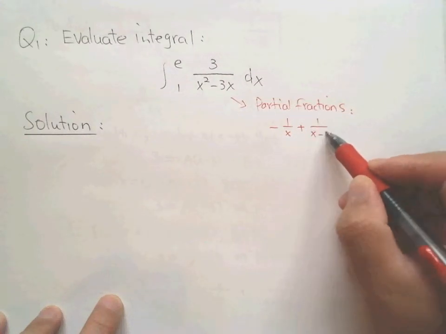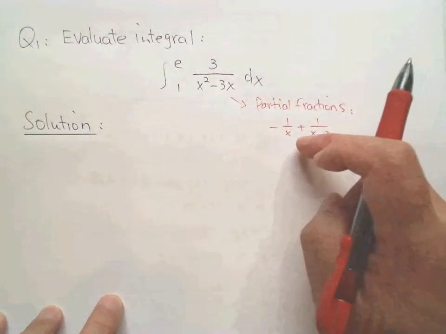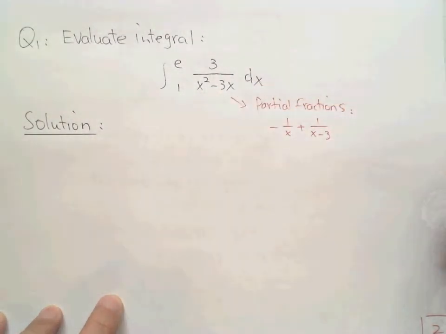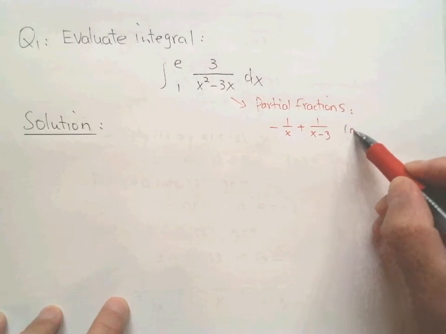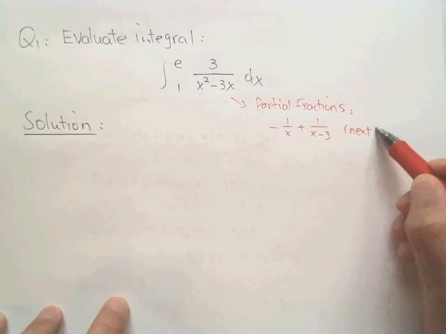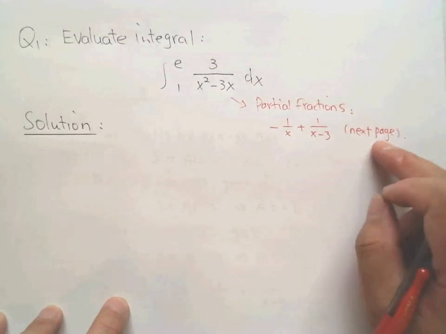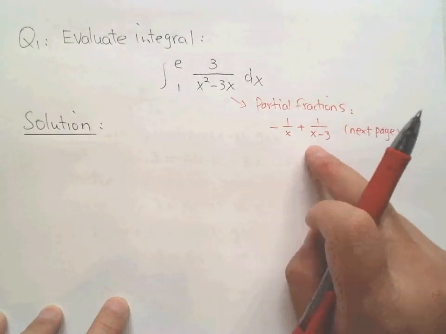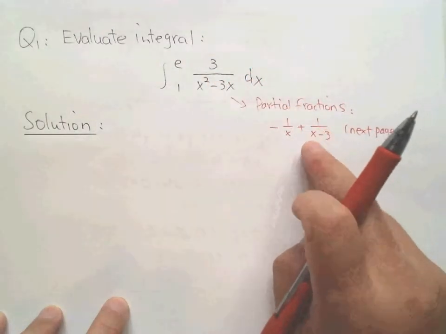You can verify they are exactly the same. That's the method from partial fractions. And I show you the detail on the next page. If you forget, go to the next page. I have all the details of how to decompose that rational fraction into these simple partial fractions.